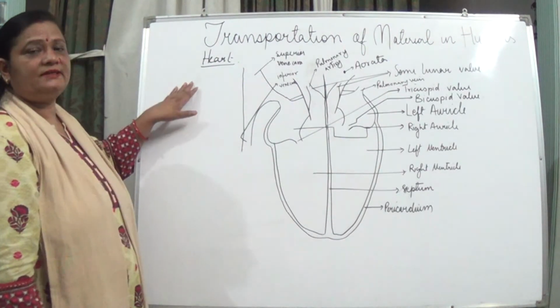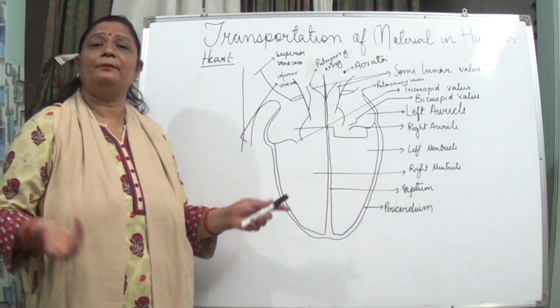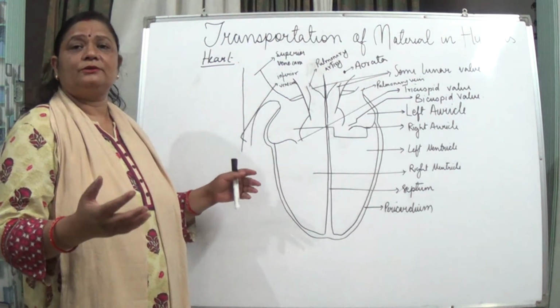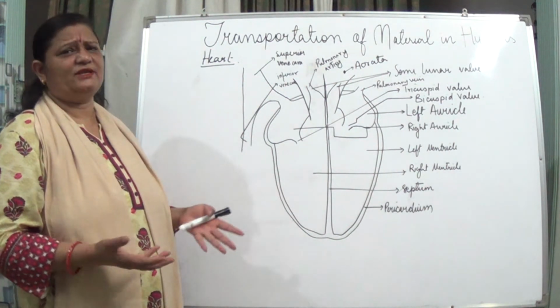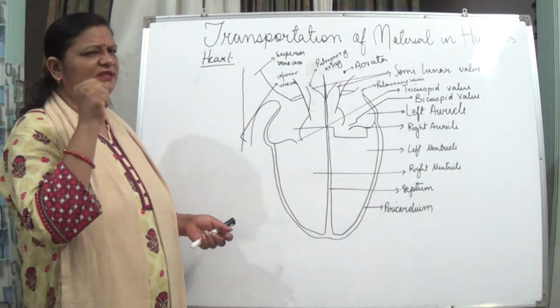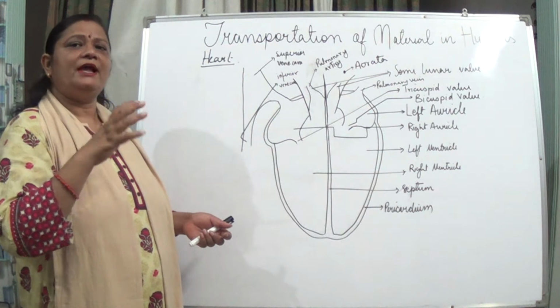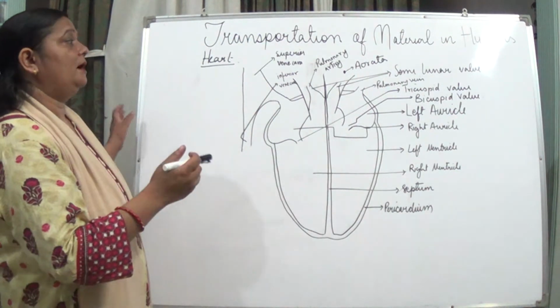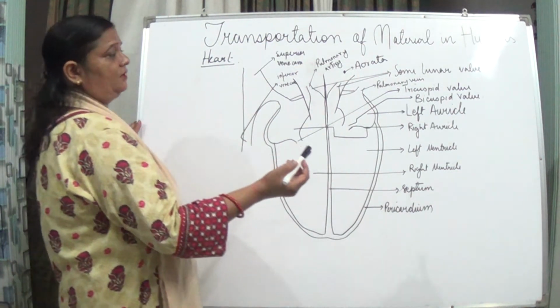So now let us study the heart. What would be the size of the heart? It is just the size of the fist, this small only. Now let us know about the parts of the heart first.